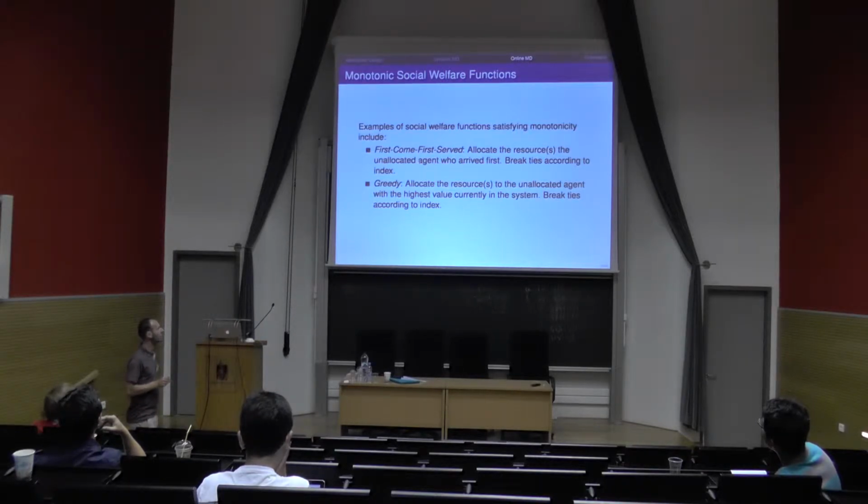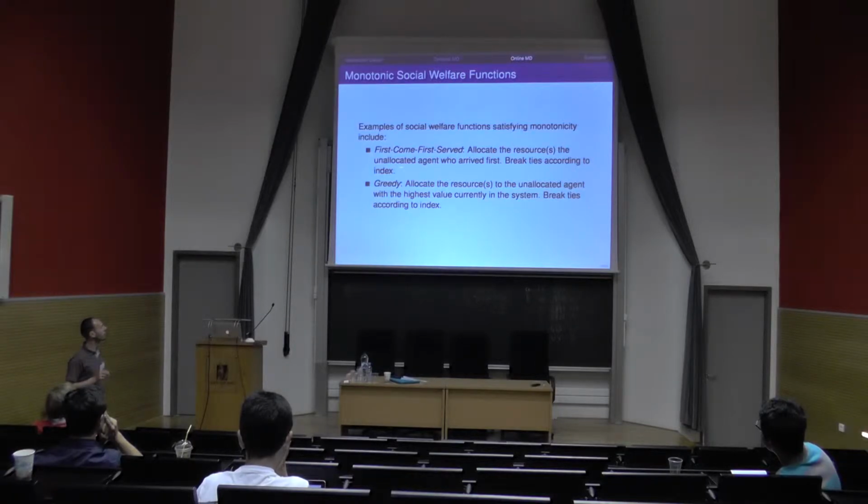So what does that mean? Allocate the resources to the unallocated agent who arrived first. And for example, we have again the time rating rule, greedy. So greedy: allocate the resources to the unallocated agent with the highest value currently in the system.